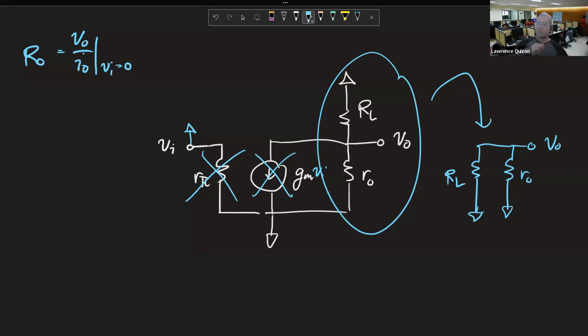No? So R out is R out parallel RL. All right? So does that make sense?